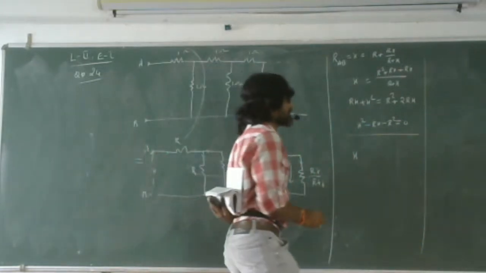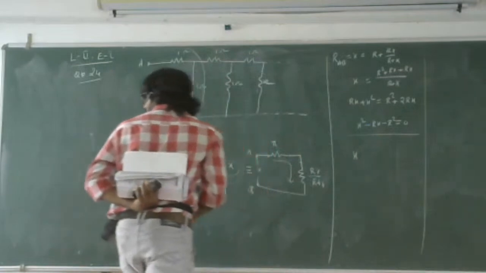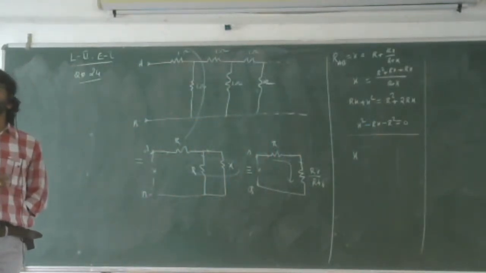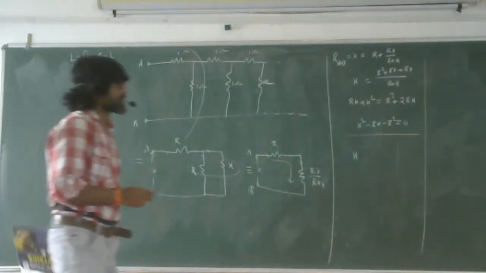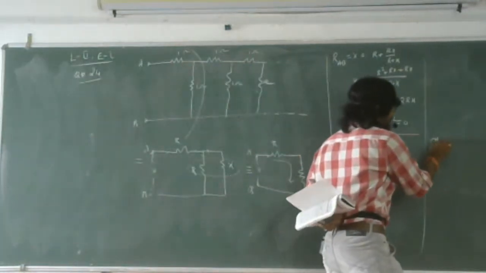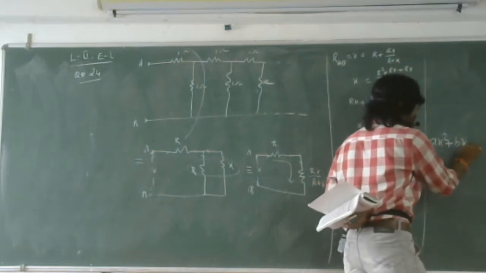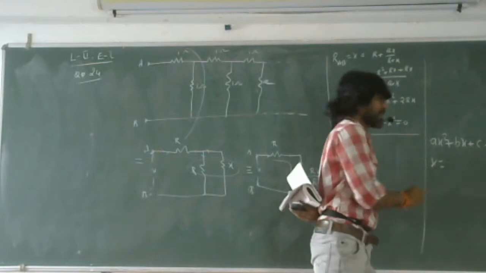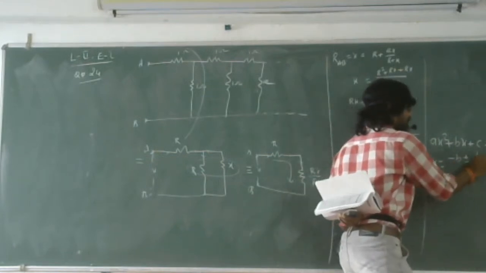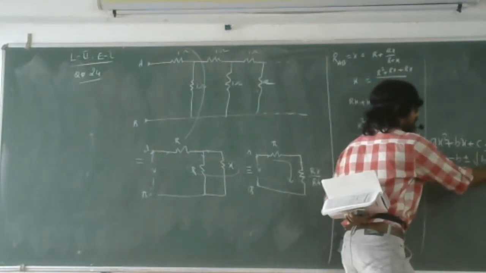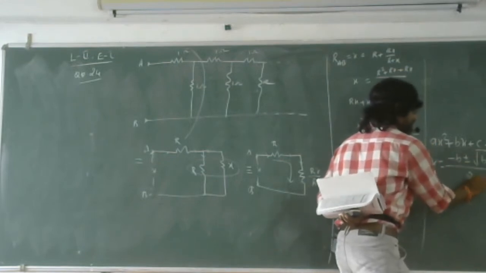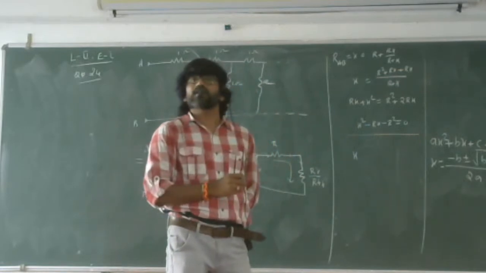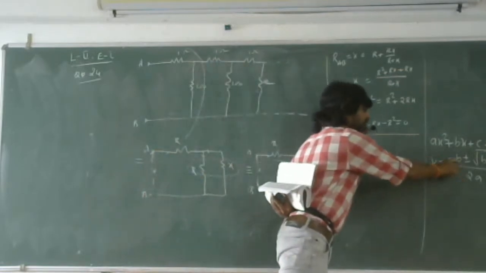If the quadratic equation is in the form ax square plus bx plus c is equal to 0, then you will get x is equal to minus b plus or minus square root of b square minus 4ac by 2a. So that will be your roots. So it gives you two values.